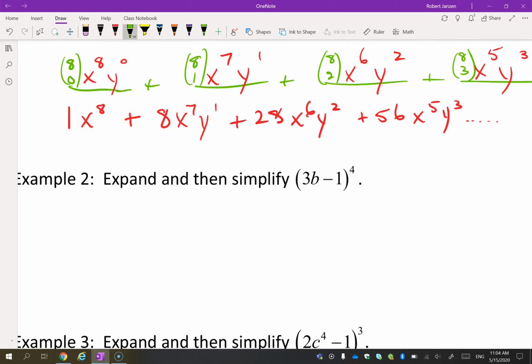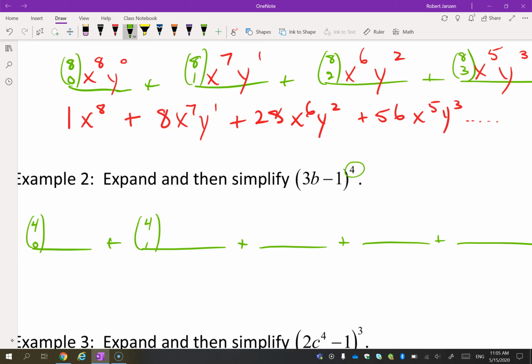Let's try another one. It says expand and then simplify. This time we have to do all of the terms. How many terms will there be? Well, there'll be 5 terms. Okay, you would go 4 choose 0, 4 choose 1, 4 choose 2, 4 choose 3, 4 choose 4. Okay, now this is a little bit trickier.